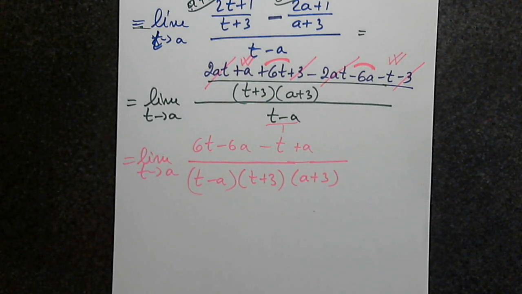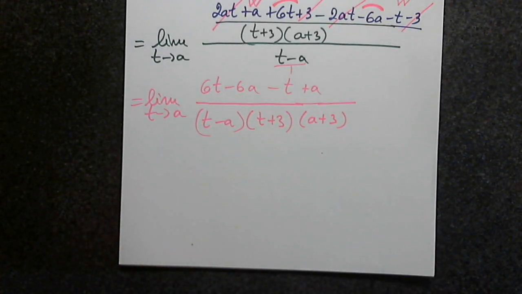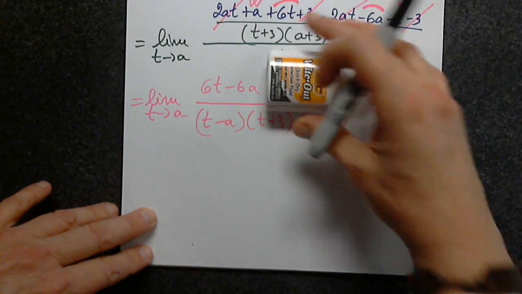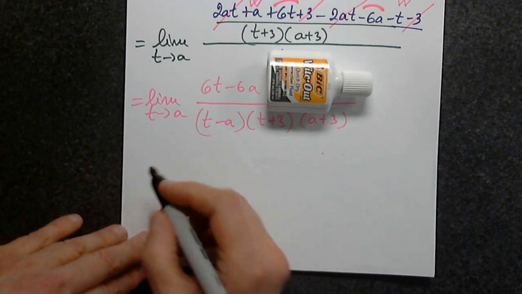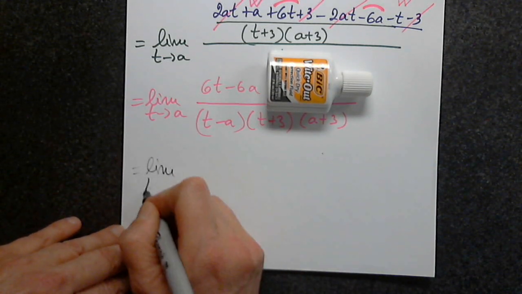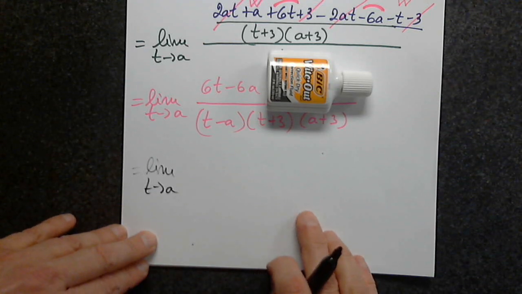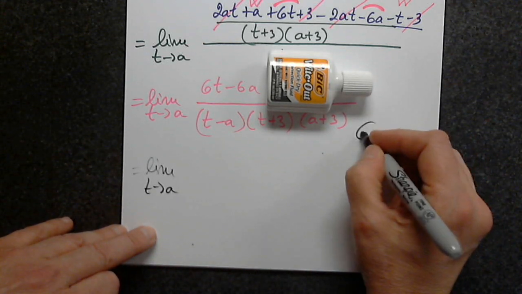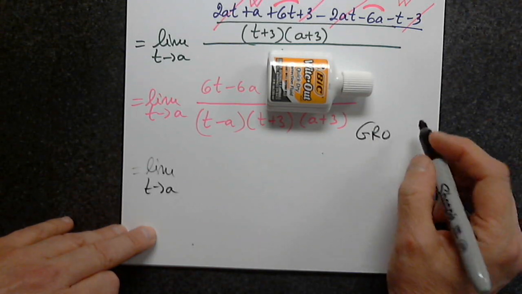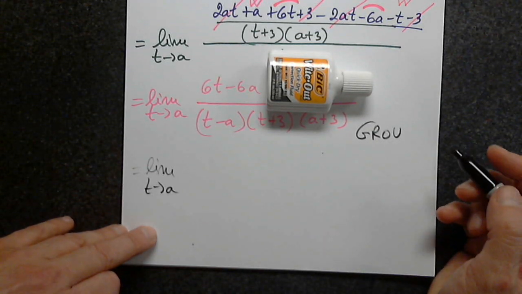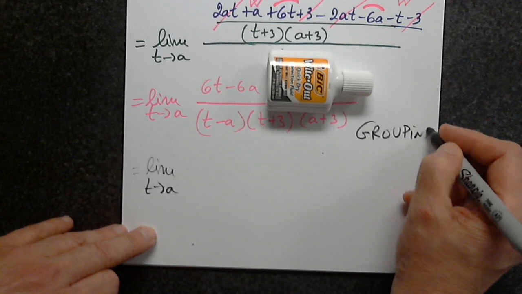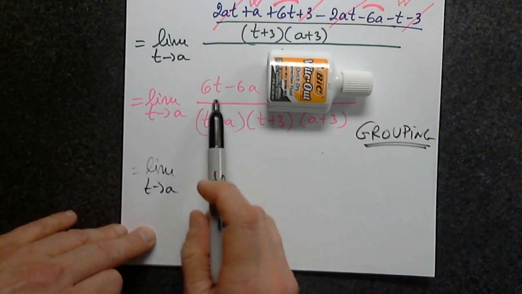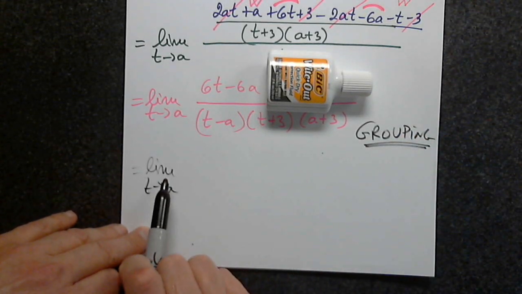So now the numerator, I see 4 terms, and here's my hint. What am I trying to say? Factor by grouping. Good. What will you factor out from these two?